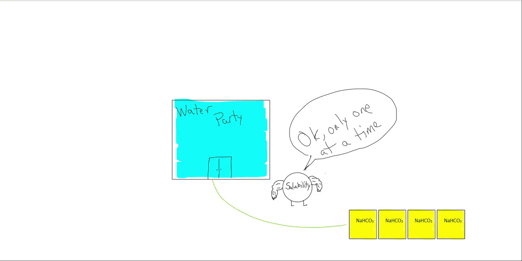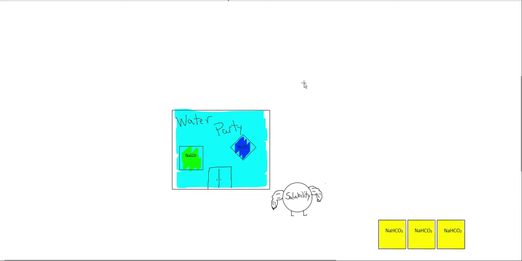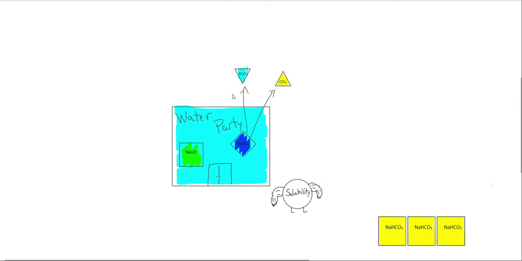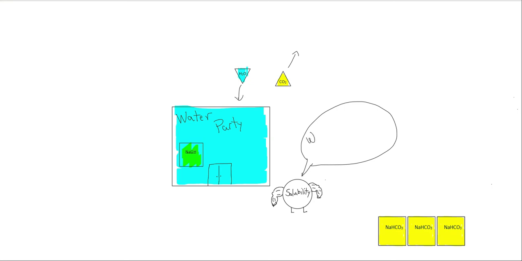So he'll let in one sodium bicarbonate, and that will produce some sodium hydroxide and carbonic acid, and then that carbonic acid will decompose into water, which is perfectly fine at the water party, and the carbon dioxide, which goes off into the air. But now the solubility bouncer will not let any more sodium bicarbonates in because there's too many sodium hydroxides already in the party.